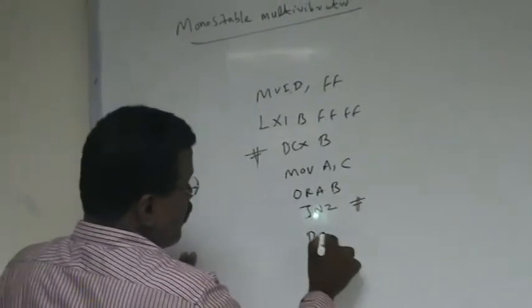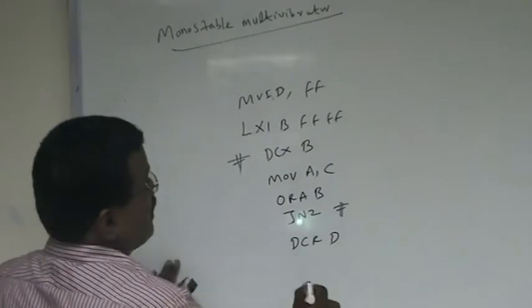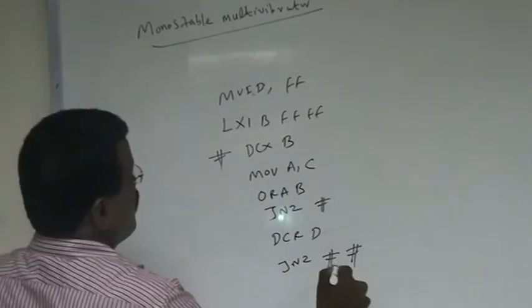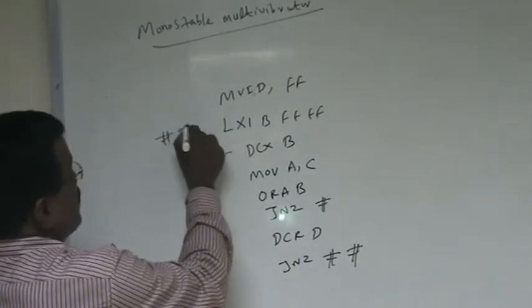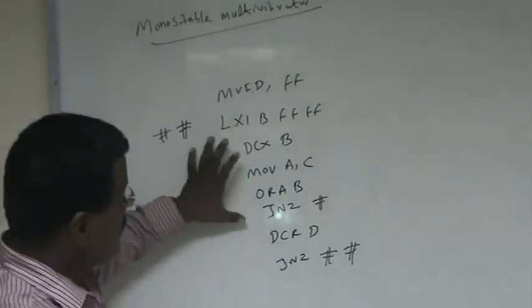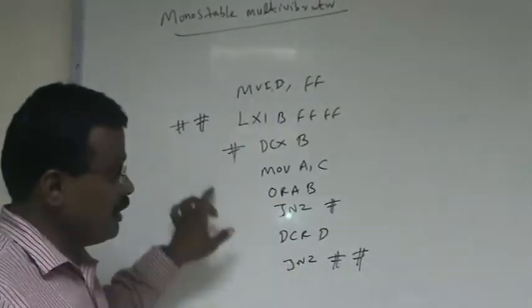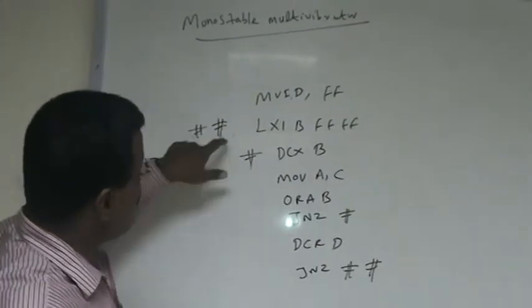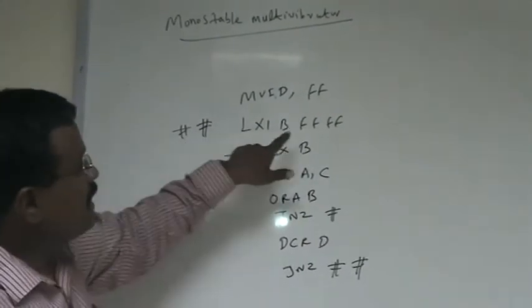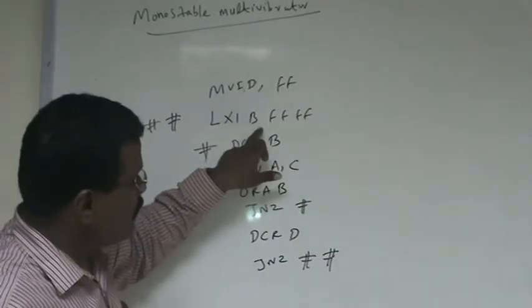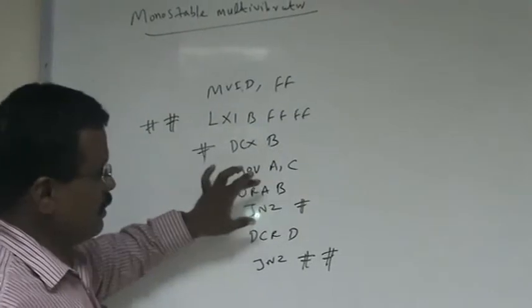Whenever the count in BC becomes 0, we come out of the loop. Here I can go for decrement D. Jump on no zero, go back and repeat this. So this loop can be repeated 255 times. When it comes out of the loop, I am decrementing by 1. Jump on no zero, again I am loading the value of BC with 4FFF. Then again BC becomes 0 and this loop is repeated.